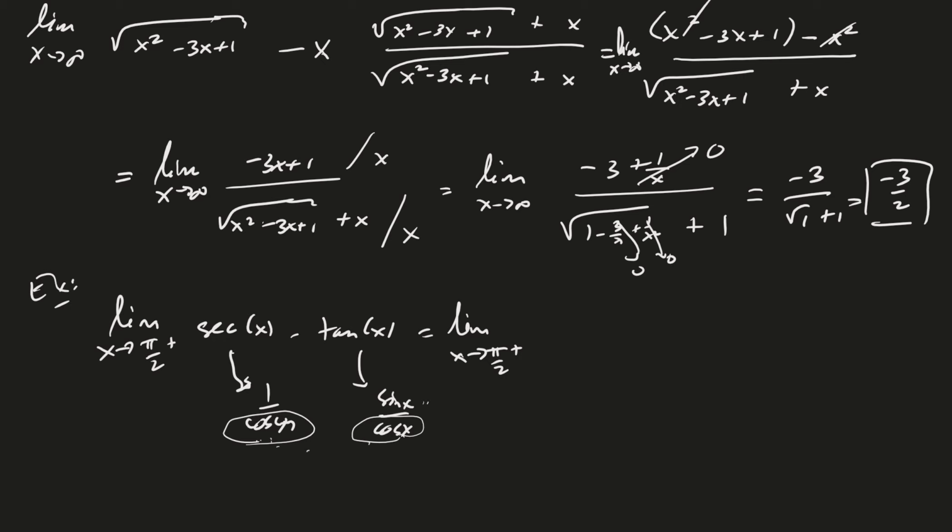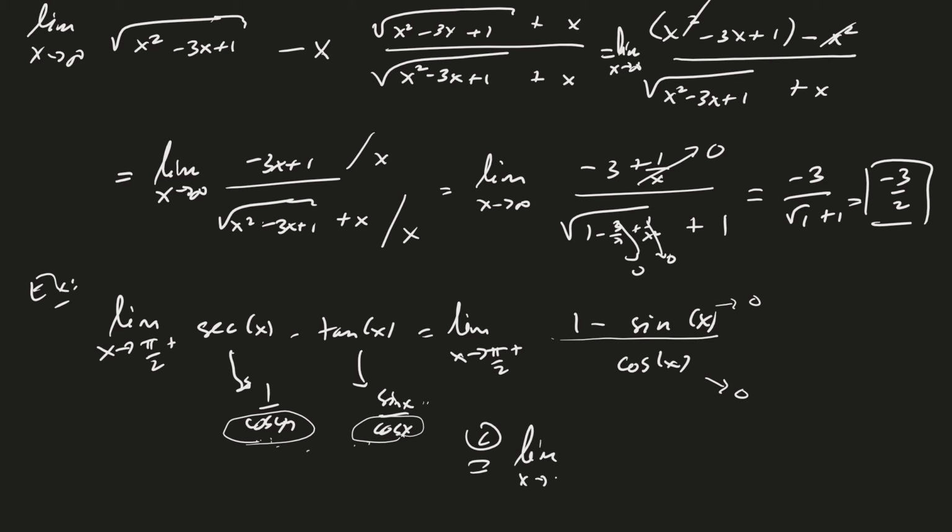And in fact, with these fractions, you can see what we're going to do. Let's make a single fraction out of this. That's going to be cosine of x at the bottom and 1 minus sine of x at the top. Now, what is the form that we have? In the denominator, we're going to 0, and in the numerator, sine of pi over 2 is equal to 1, so the numerator is going to 0 as well, and now we can use L'Hopital's rule for this form.